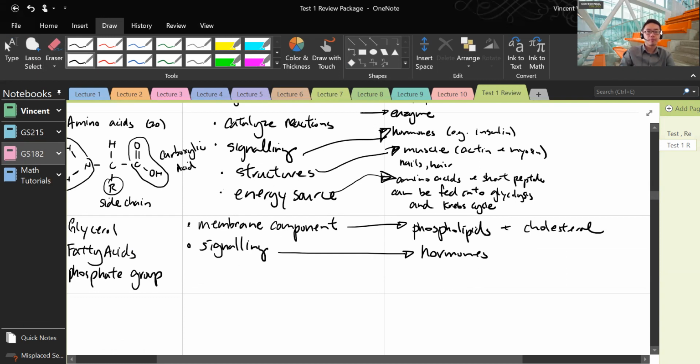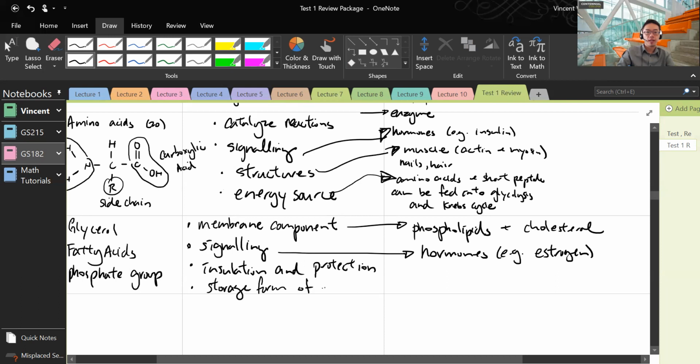An example would be estrogen. Another example would be insulin. And protection, where you have some fat around major organs to keep them warm, protect them, give them a little bit of cushioning. And of course, fat is an excellent storage form of energy.